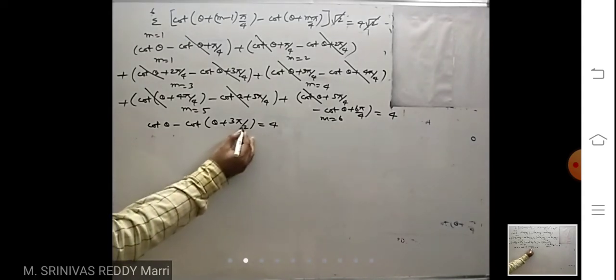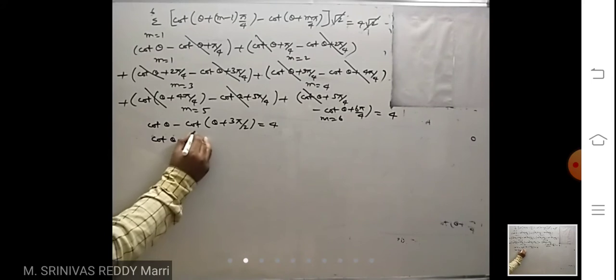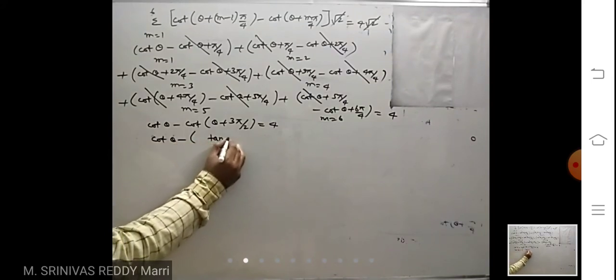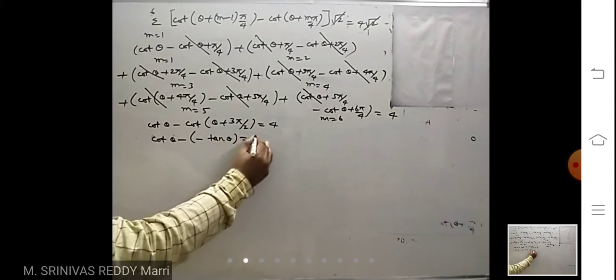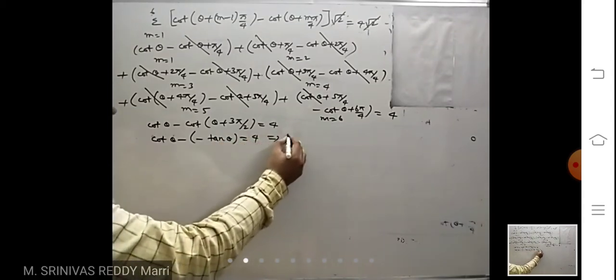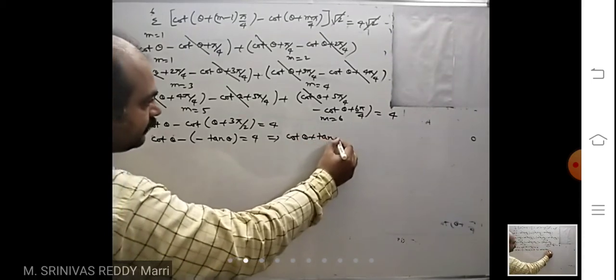Now, this is 270 degree plus theta. Cot of 270 plus theta will convert into tan theta. 270 plus theta is in the fourth quadrant, so it will be negative. So this is nothing but cot theta plus tan theta equal to 4.